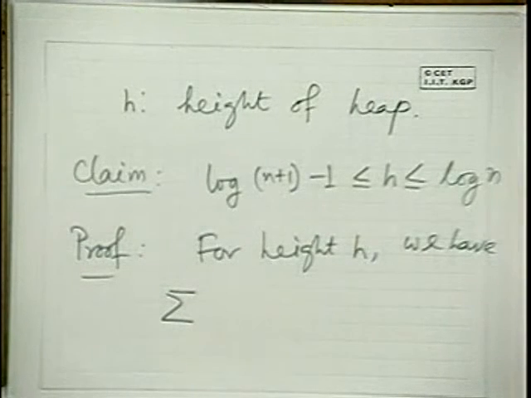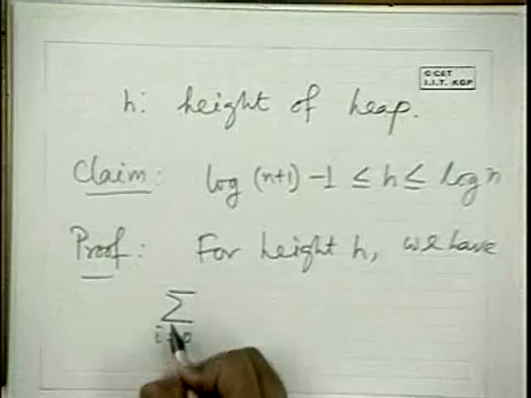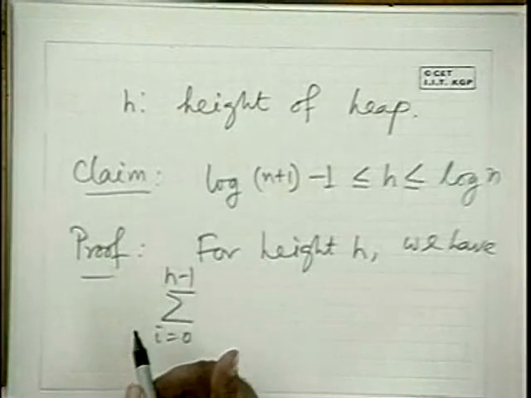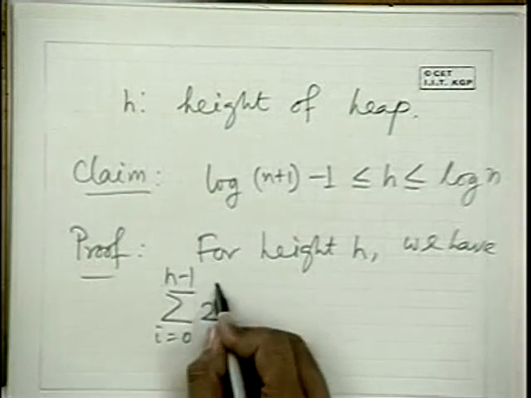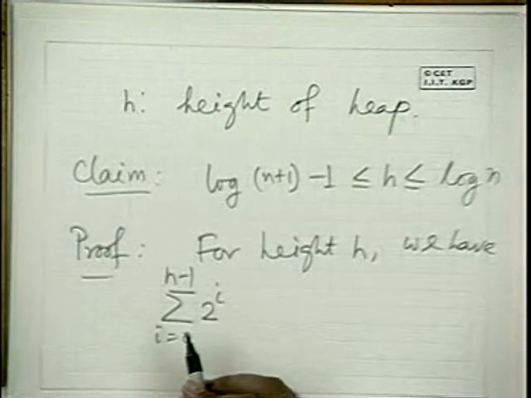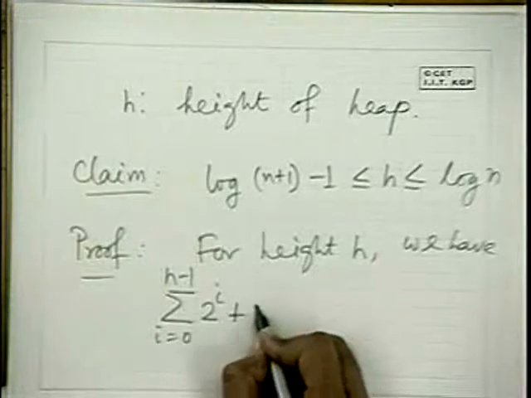sigma. So what we have, we first count all the nodes which are present in all the complete levels. So except the last level, I am counting everything. Okay, so how many nodes can be there? This is nothing but i goes from 0 to h minus 1, where h is the height, so I just take one level less than that. It is 2 to the power i, plus 1.